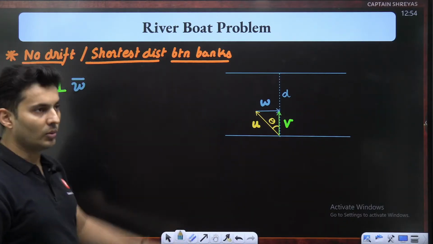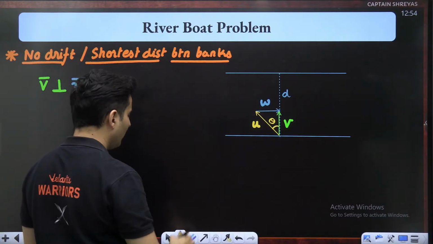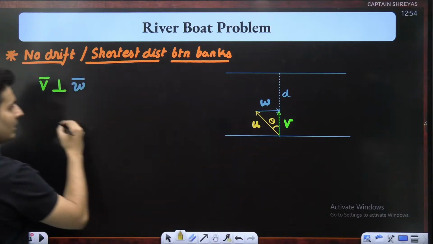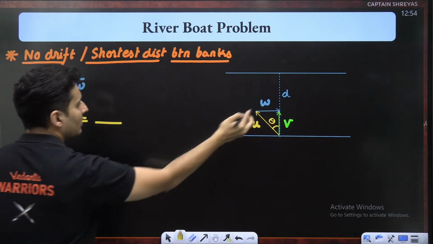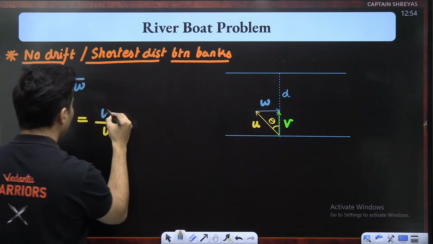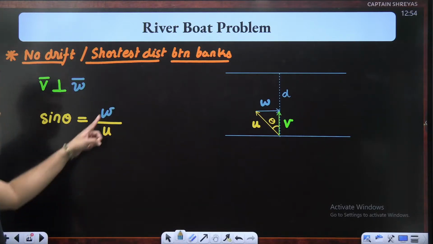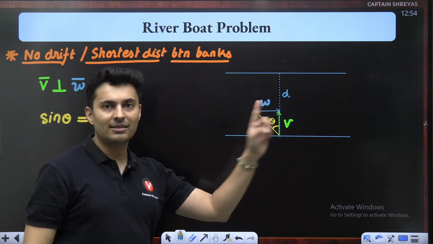Only then you will be able to do it. And if you notice in this particular triangle, if I take sine of theta, it is opposite side by hypotenuse. So opposite side being W, it will be W by V. You will know the water speed, you will know the swimmer speed, you can find the angle using this relationship.